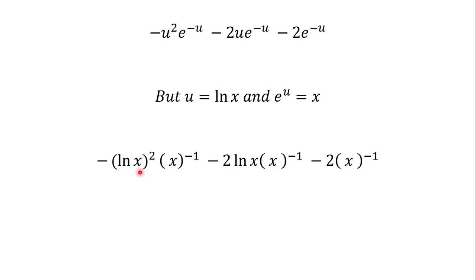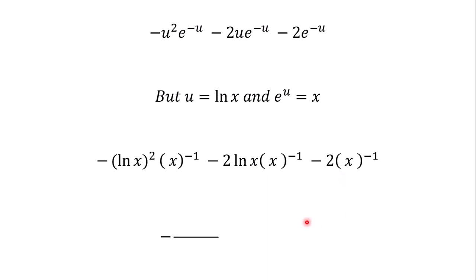So here we are going to rewrite this one as minus (natural log of x) all squared divided by x, minus 2 natural log of x divided by x, minus 2 divided by x.